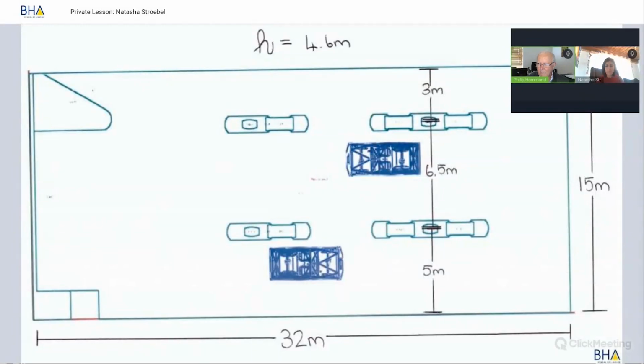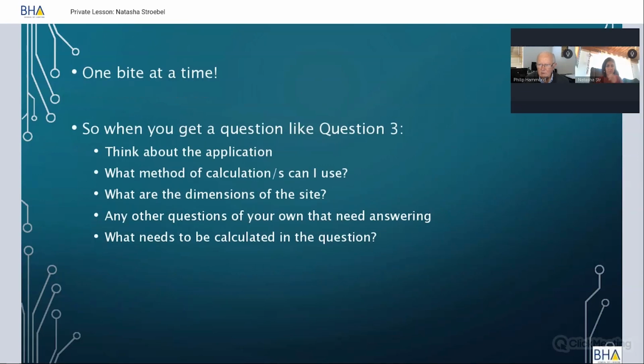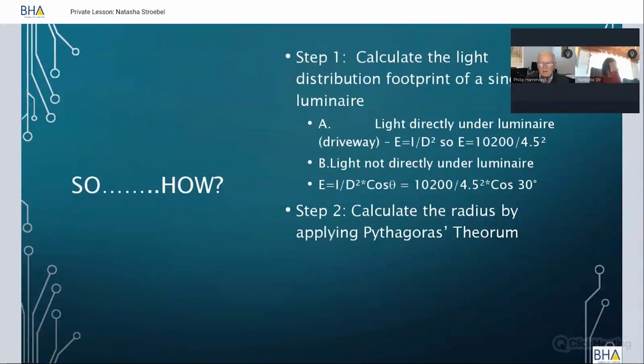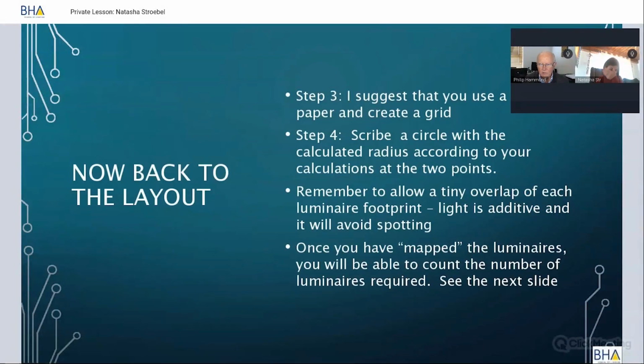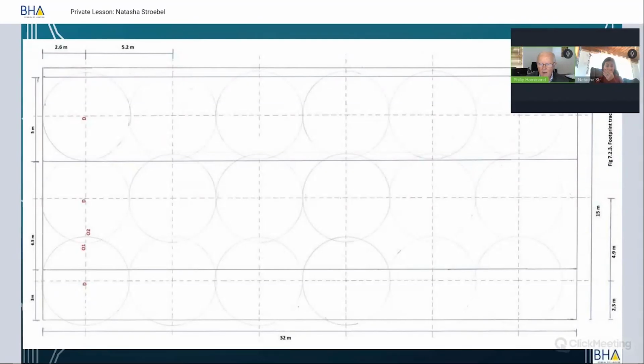Okay? It's a simple exercise which goes back to the old way that we used to do lighting design when I was a young man, many moons ago. So we now have our graph paper and we go and measure it out.